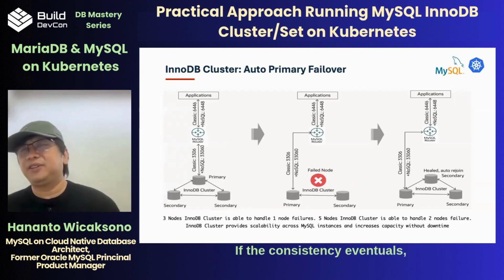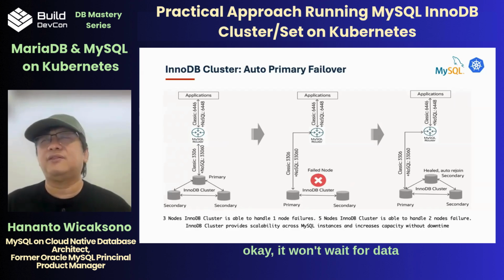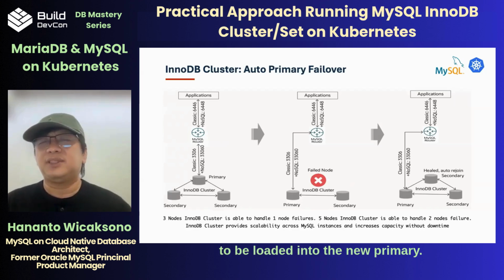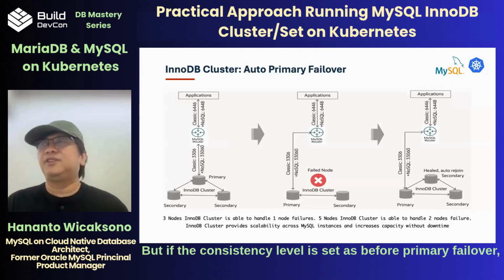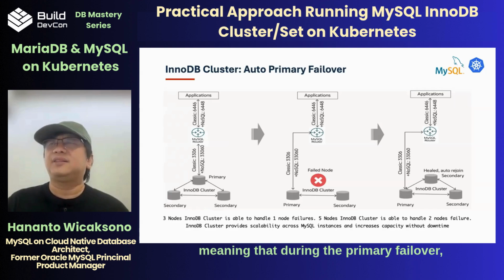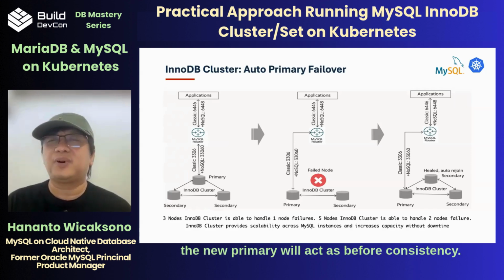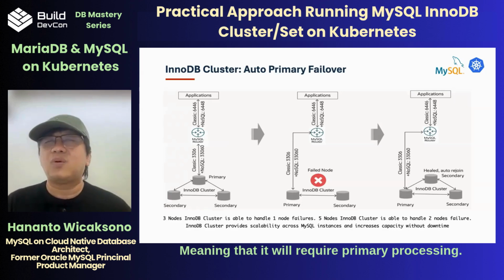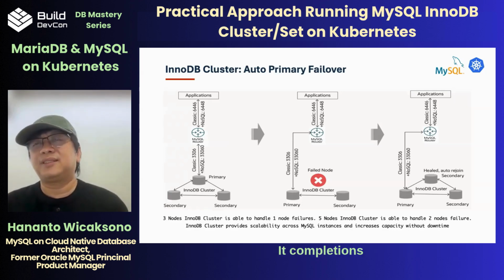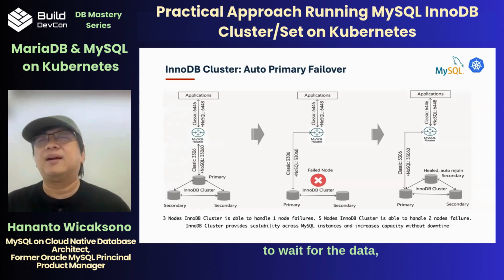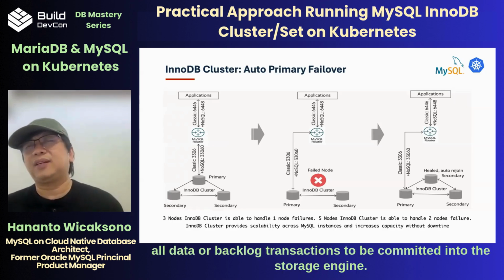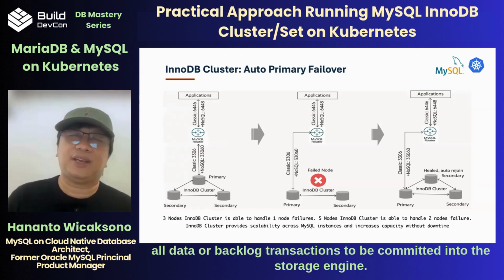If the consistency is eventual, it won't wait for data to be loaded into the new primary. It will become primary immediately. But if the consistency level is set as before primary failover, meaning that during the primary failover, the new primary will act as before consistency, it will wait for all the backlog transactions to be committed into the storage engine.